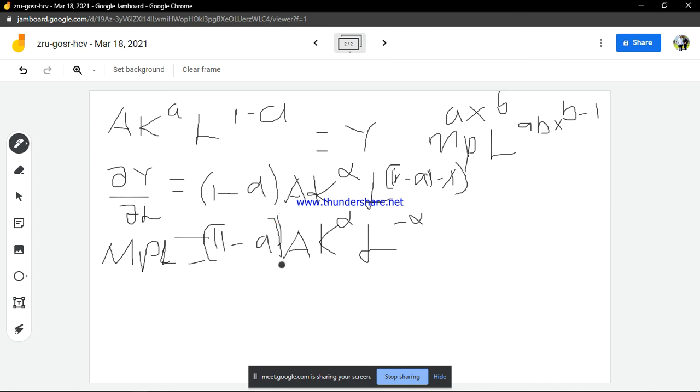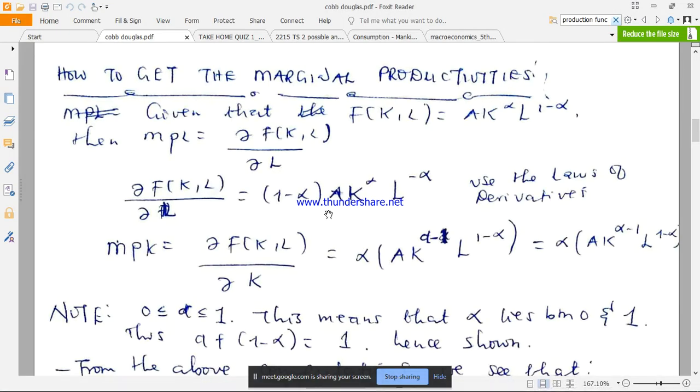So this is how we calculate the marginal product of labor. So this is what is here. I skipped some steps because I thought the guys know these things. So this is how I reached here. Now let's continue. This is just the marginal product of labor.